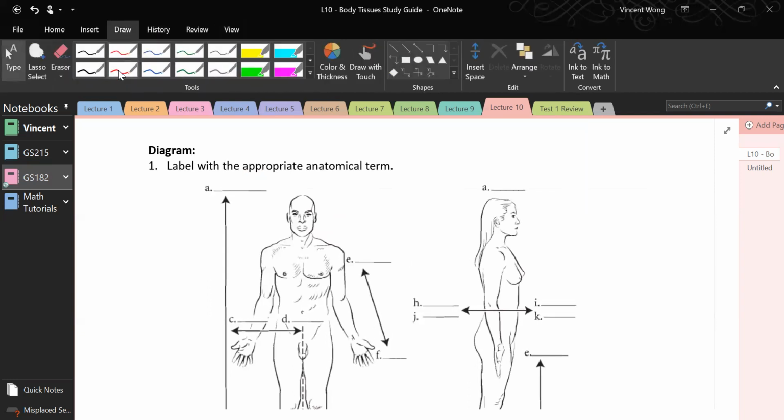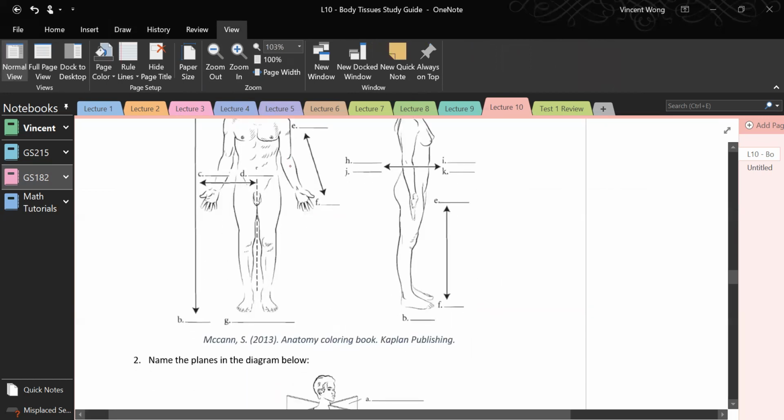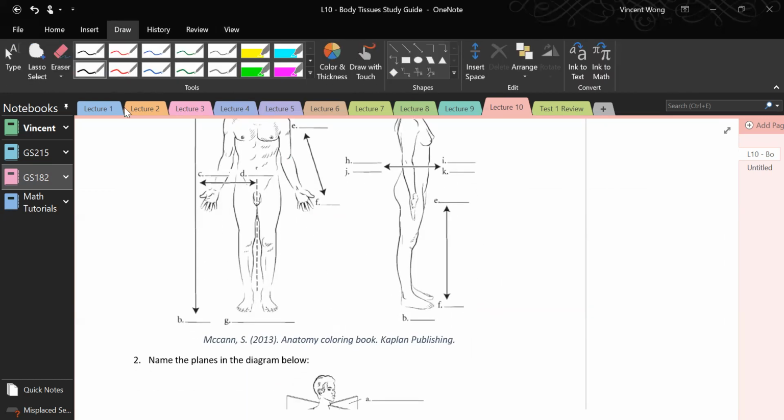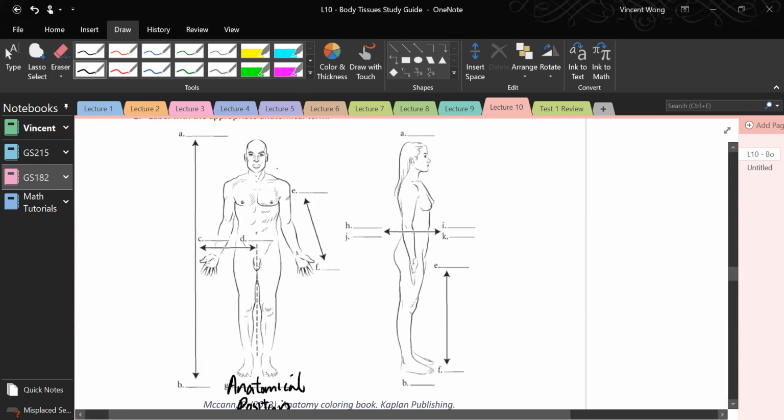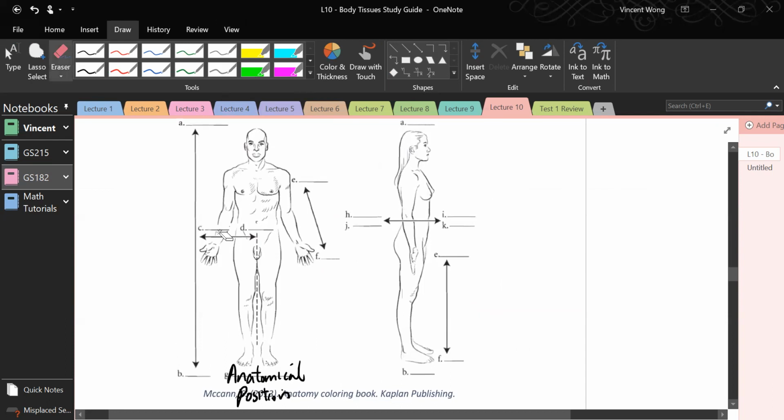Okay, so this position is called the anatomical position. When you stand like this, facing forward with your palms a little bit apart, that's called the anatomical position.